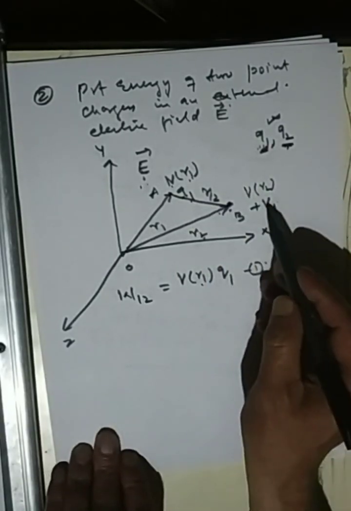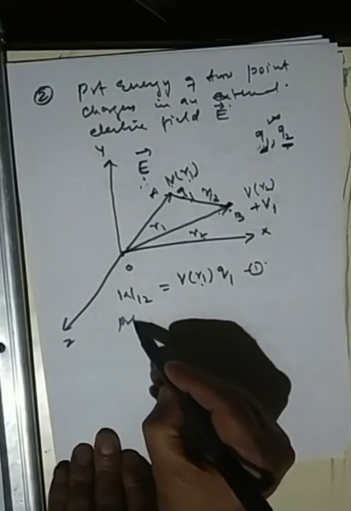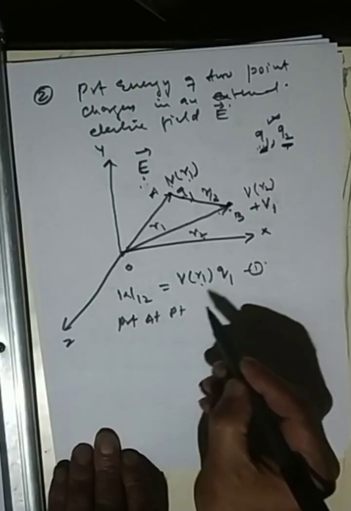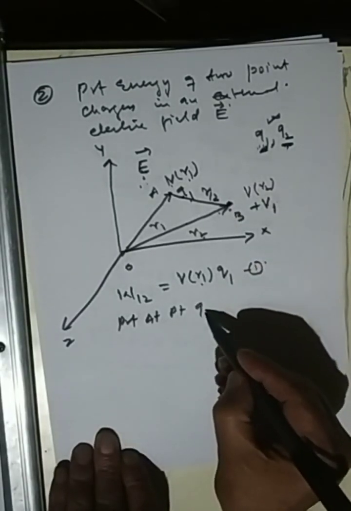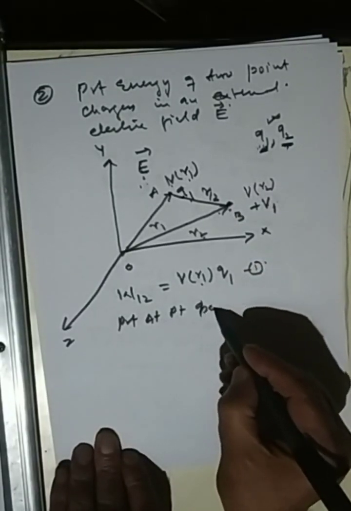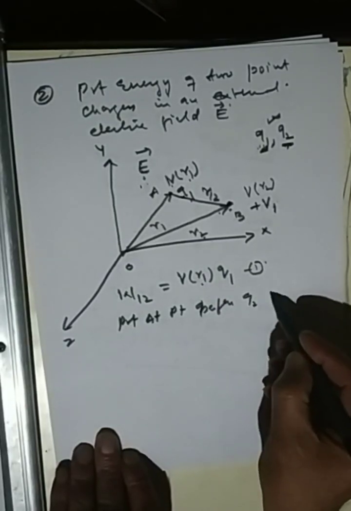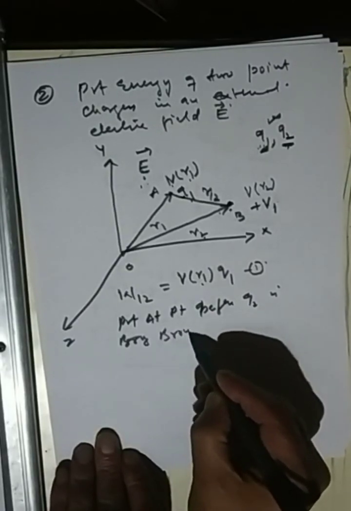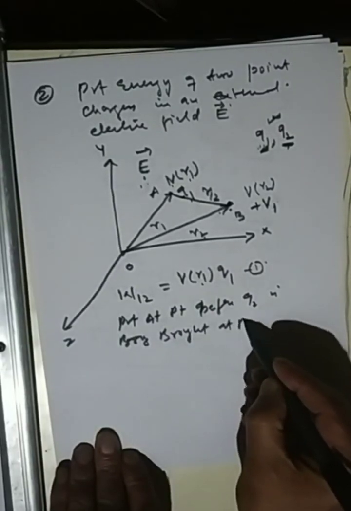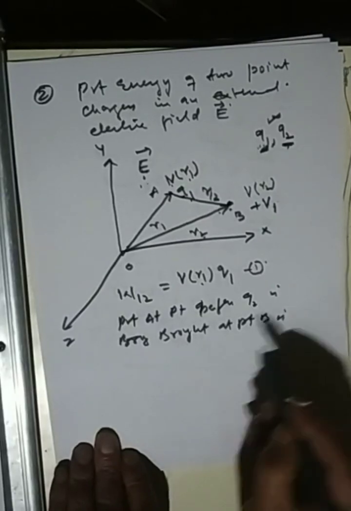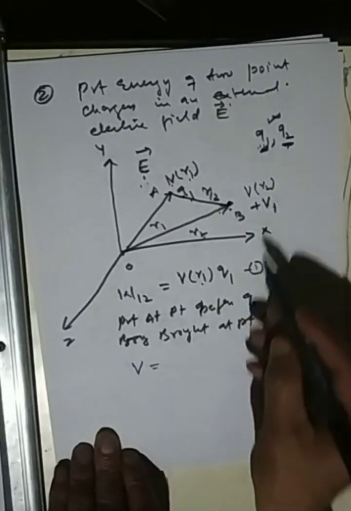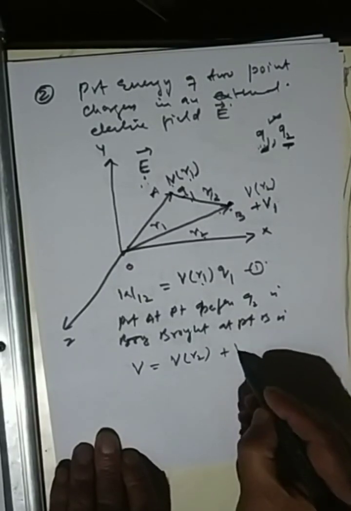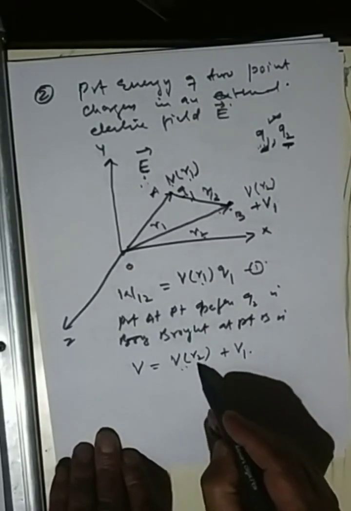So the total potential at point B before charge Q2 is brought is V, which is equal to V(R2) plus V1.